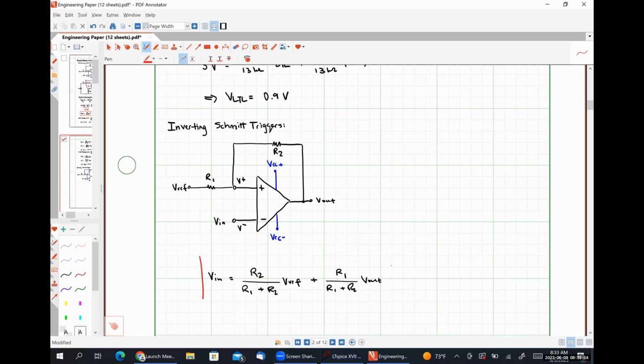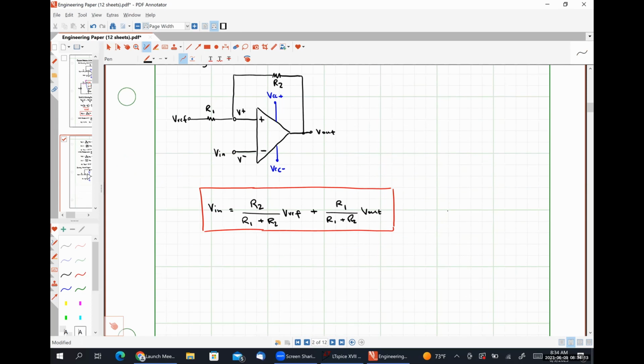Our definitions for upper and lower trigger limit are exactly the same. Meaning that the upper trigger limit is when our output signal goes from VCC minus to VCC plus.